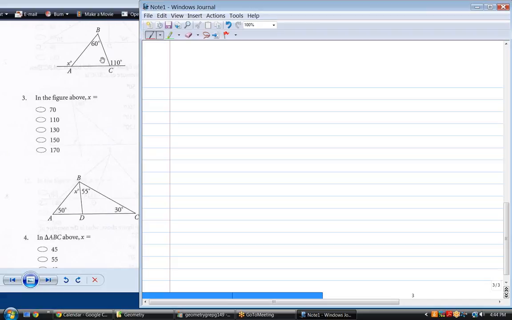Yeah. Okay, well, once we know that's 70, x is that exterior angle, and we know that it's equal to the sum of b plus c. So as soon as I get 70 here, I know x is 130. But I can also say, okay, so it's 70 there, that's 60, this has to be 50, this has to be 130. All right.